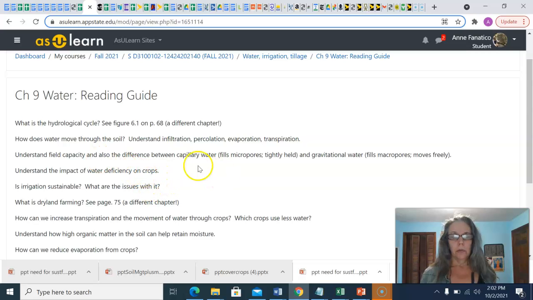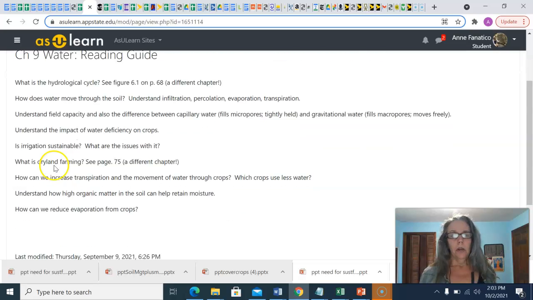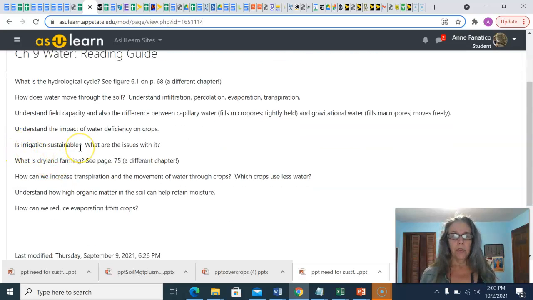So, you really want to maintain your soil at field capacity if you can. We talked about the problems with irrigation, that it does change a lot of the ecosystem. Plus, it's using up water that belongs to the future, without recharging it.